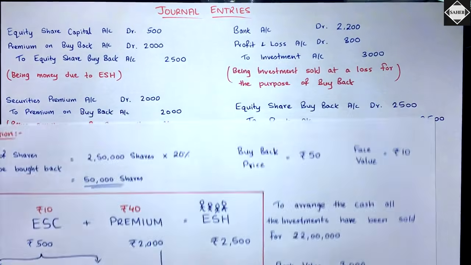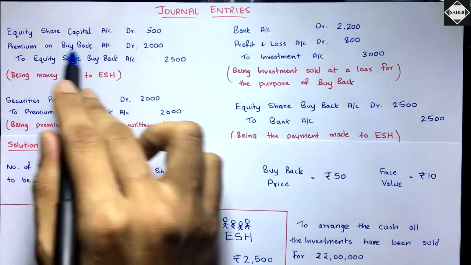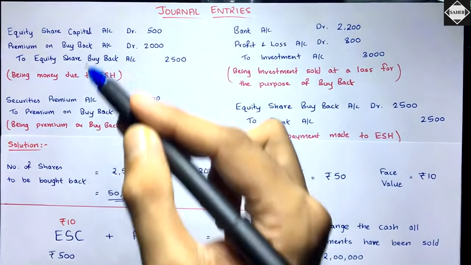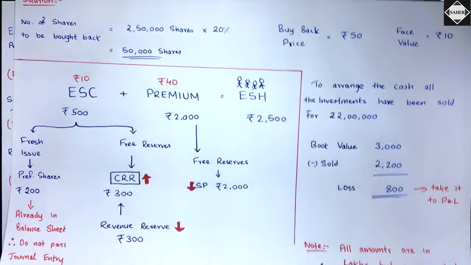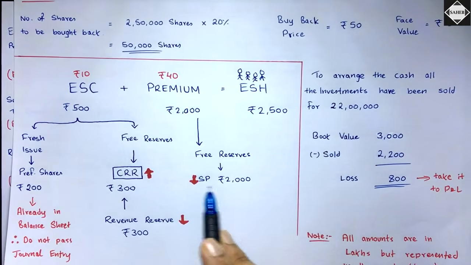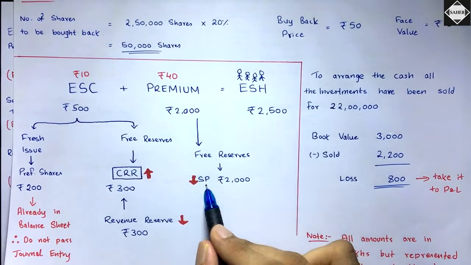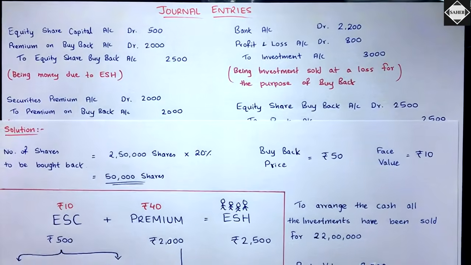Fine. Next entry we have is writing off of the premium on buyback. This premium on buyback is a loss which we recorded in the due entry. Now this loss has to be written off by utilizing the free reserve, and we've already done the calculation. We have utilized the securities premium by 20 lakh. Securities premium is decreasing, so that's why you will have to debit that.